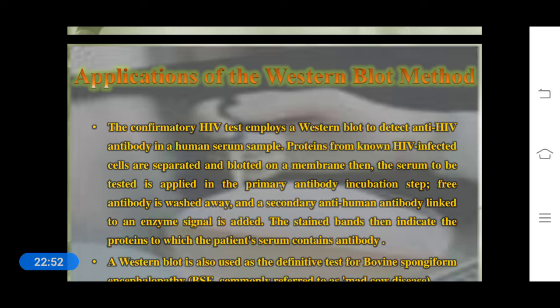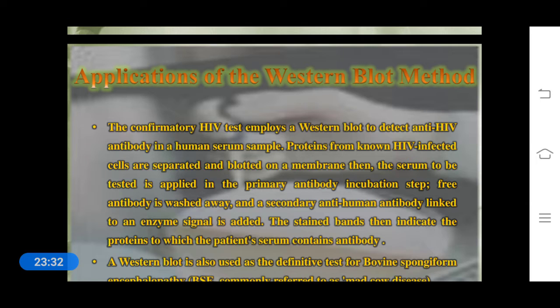Proteins from non-HIV infected cells are separated and blotted on a membrane. Then the serum to be tested is applied in the primary antibody incubation step, and free antibody is washed away. A secondary anti-human antibody linked to an enzyme signal is added, and the stained bands then indicate the proteins to which the patient's serum contains antibody.